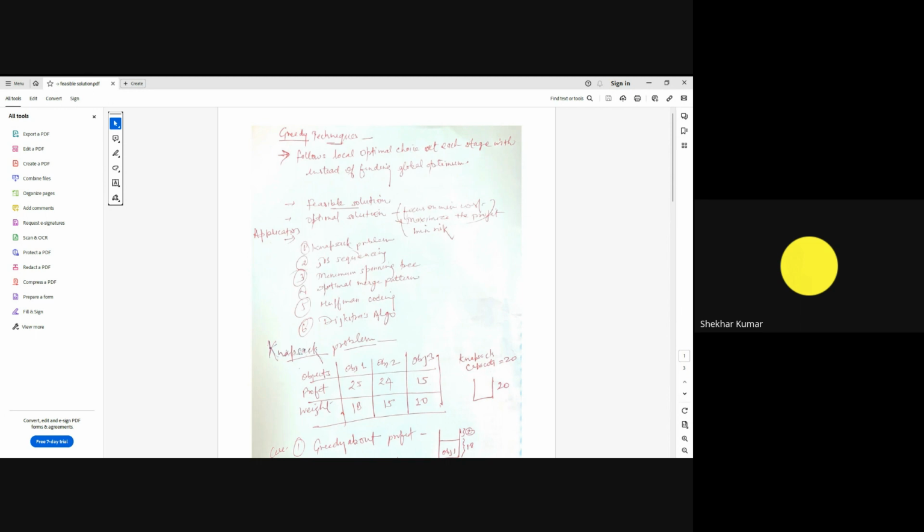For example, suppose you want to move from A to B, and there are three ways of moving from A to B, and every route has a weight associated with it. Then you will select the best path for traveling from location A to location B. You will cover the journey with minimum cost.